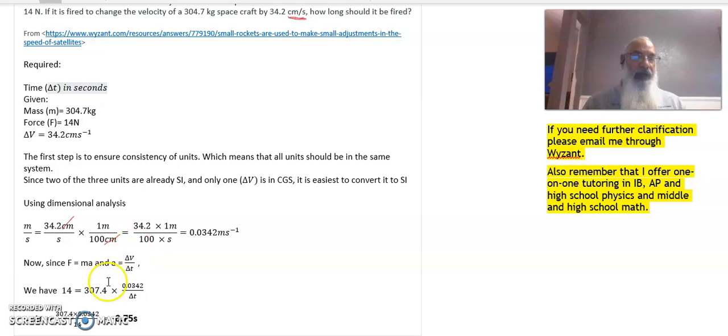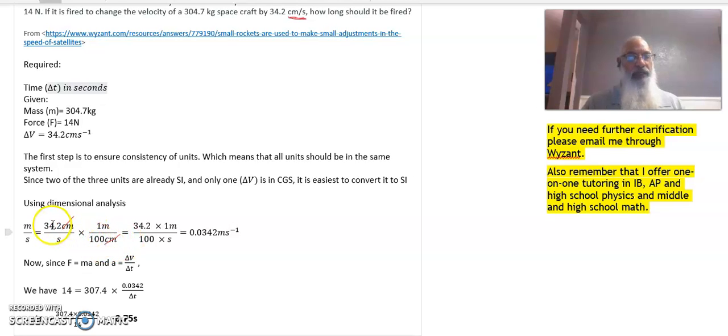And the factor that is going to make that change is the relationship between meters and centimeters. And you know that there are 100 centimeters in 1 meter, so you have 1 meter over 100 centimeters. Now, the question: why is it not 100 centimeters over 1 meter? Well, the simple answer is we want to get rid of centimeters from this statement.